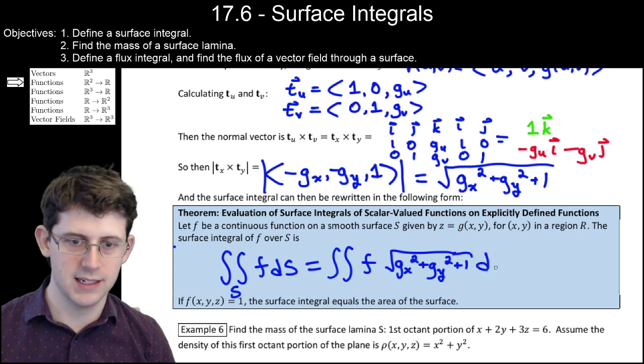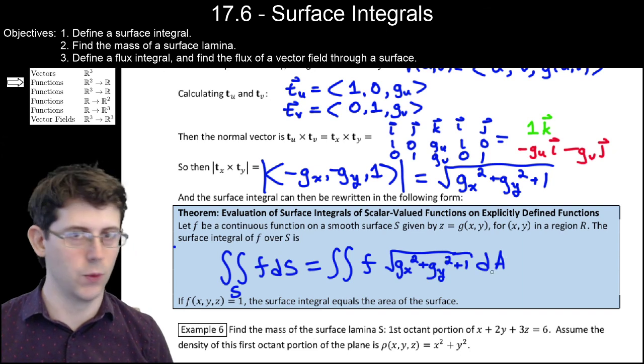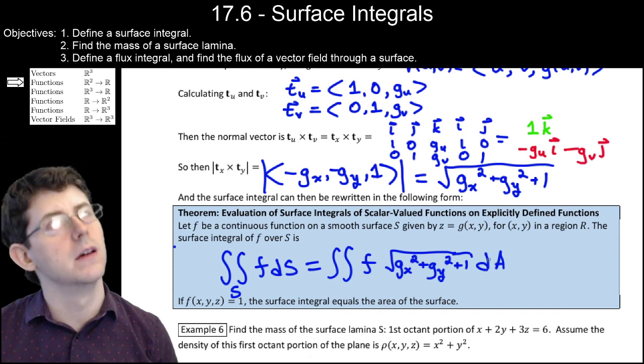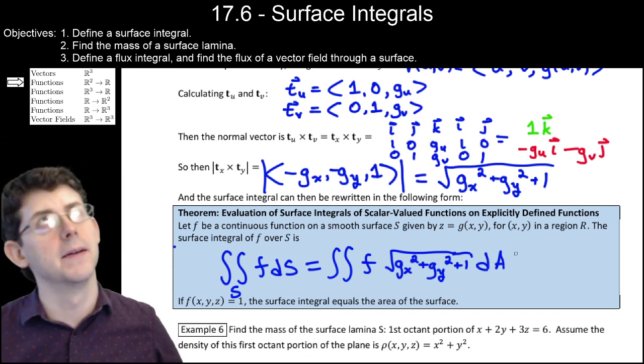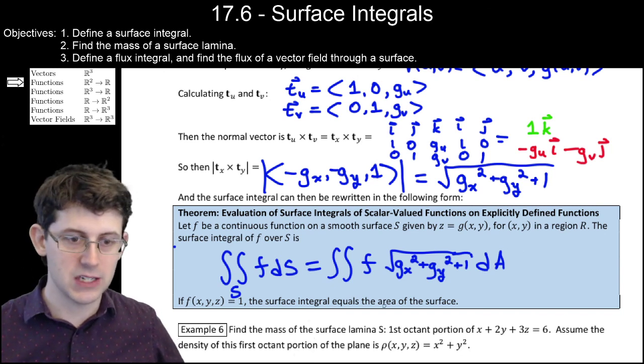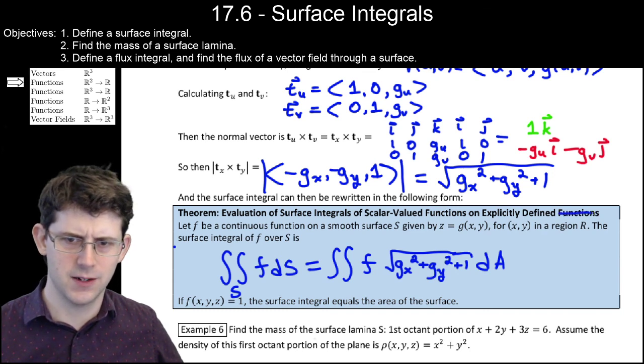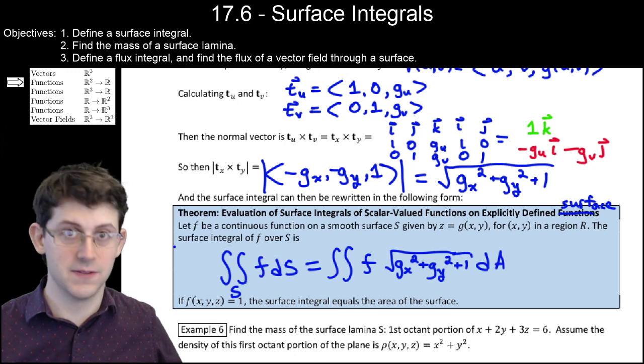And then this is dA. It can be either dx dy or dy dx, whatever you want. Could it be r dr d theta? I guess it might be able to. Anyway, you can find the surface area of an explicitly defined surface by just doing this surface integral without the f.